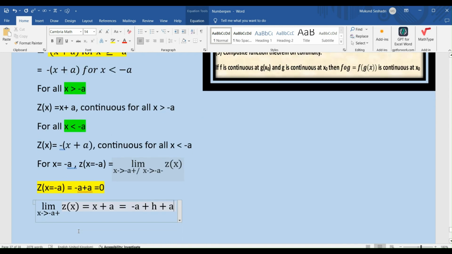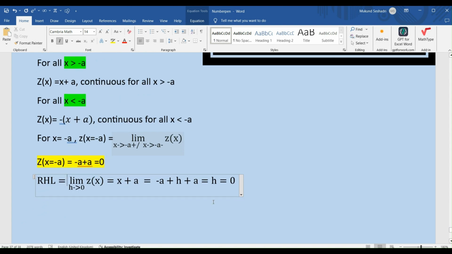And what is that? My a and a get cancelled, so I'm left with h, which is nothing but a 0. So let me rewrite this. My h getting to 0, and this is my right hand limit.